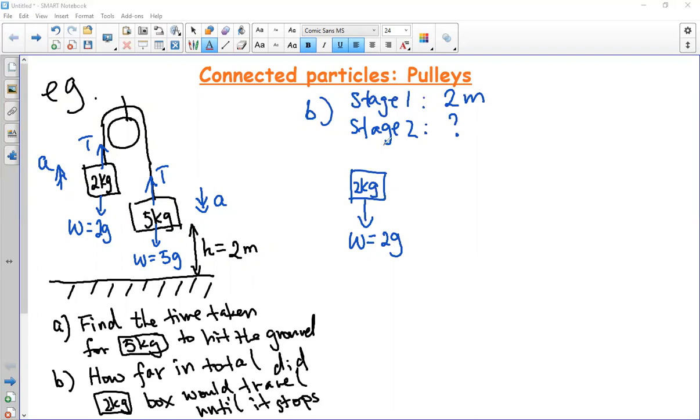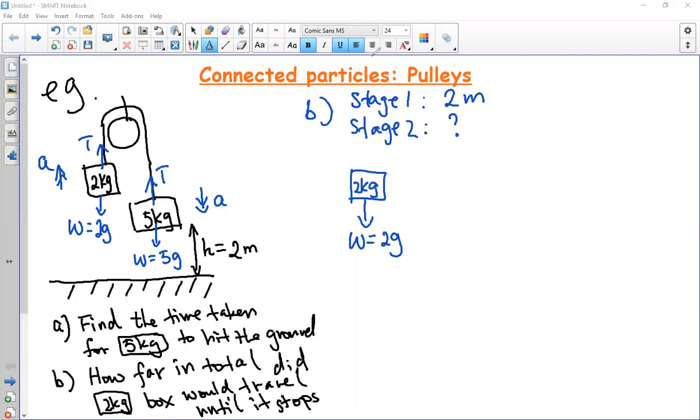There's no tension here. So what would its acceleration be then? Do you remember before we worked out the acceleration? We can't use that acceleration anymore. When there's nothing pulling on an object, basically the only acceleration working on it would be gravity.